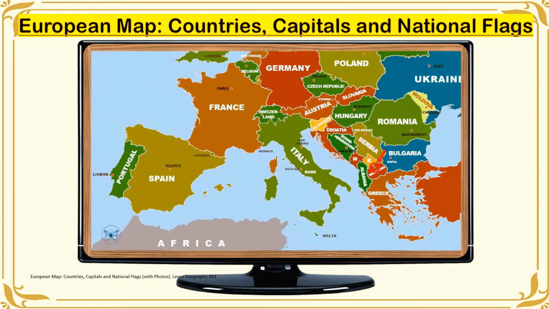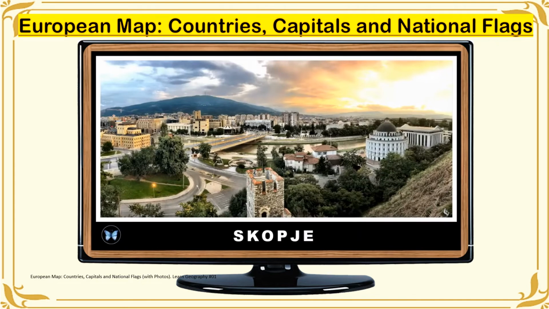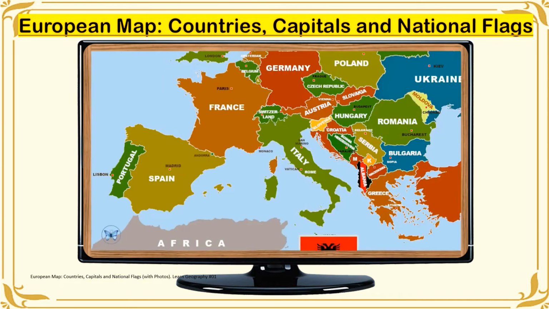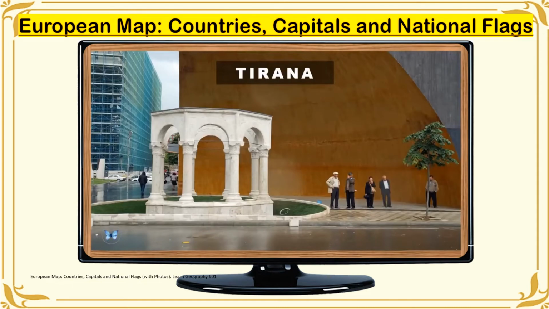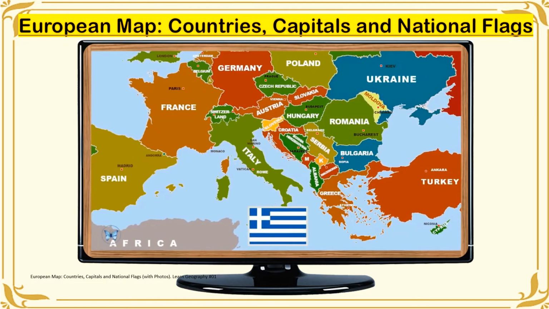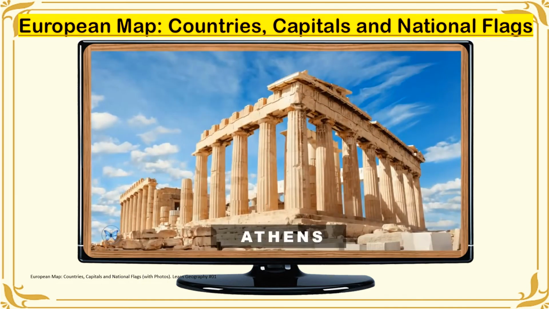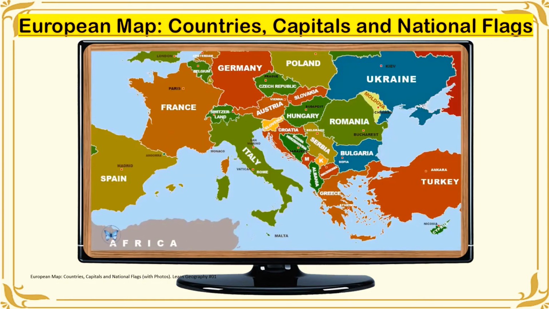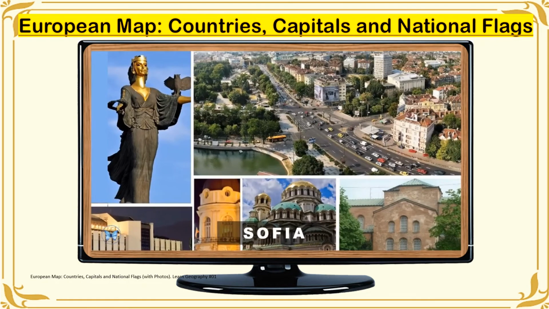The capital is Skopje. Albania. The capital is Tirana. Greece. The capital is Athens. Bulgaria. The capital is Sofia.